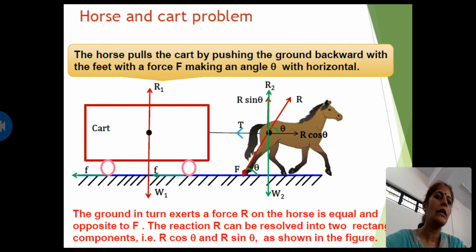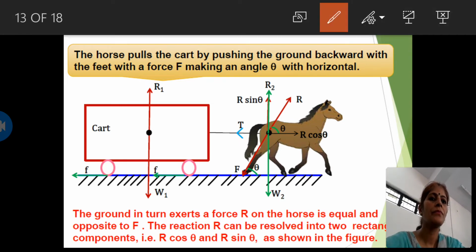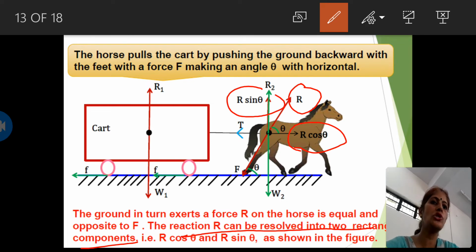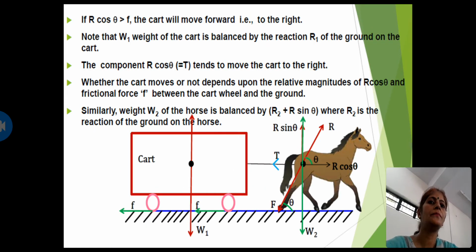The ground in turn exerts a force R on the horse, which is equal and opposite to the F. This R can be resolved into two components. So one is R cos theta, another is R sin theta as shown in the figure.